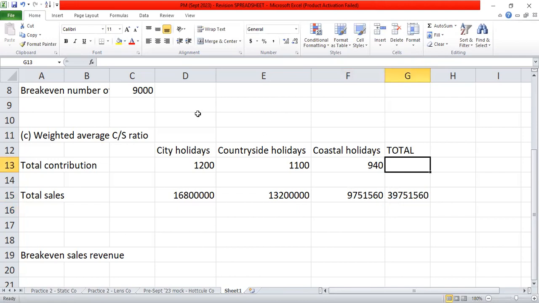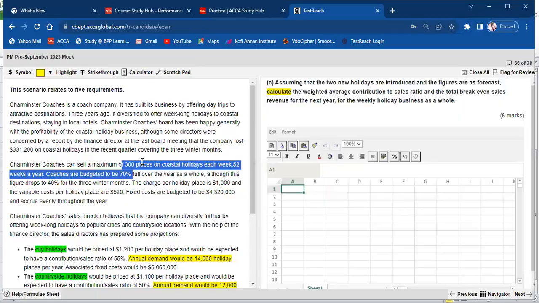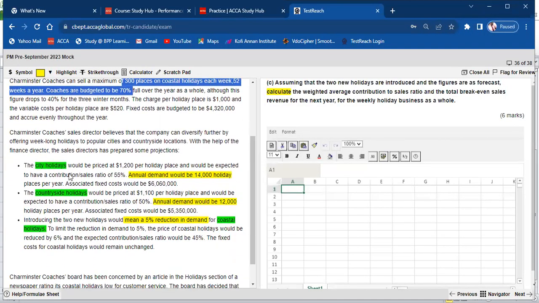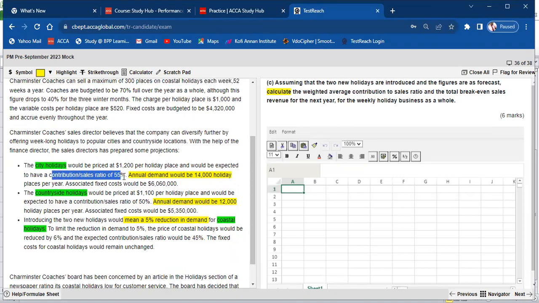How about the contribution? I know contribution is selling price per unit minus variable cost. Friends, instead of the examiner giving me variable cost per unit, he gives me contribution to sales ratio. Can somebody figure out how we can use the CS ratio to work back to get a contribution?